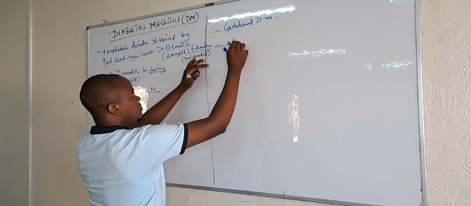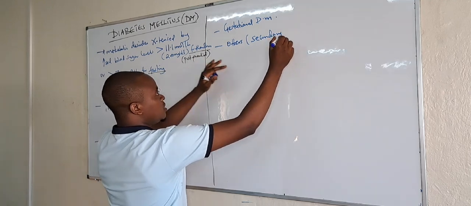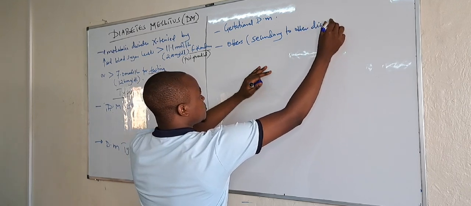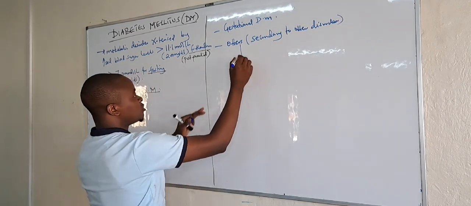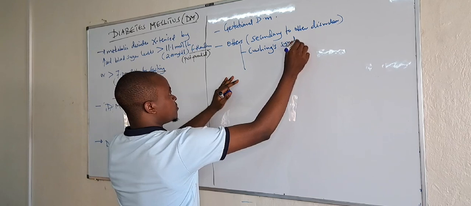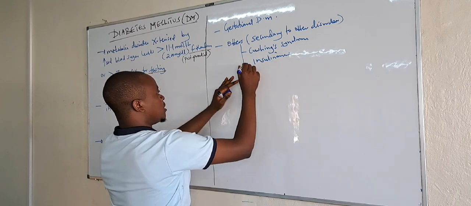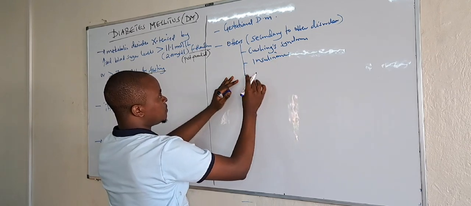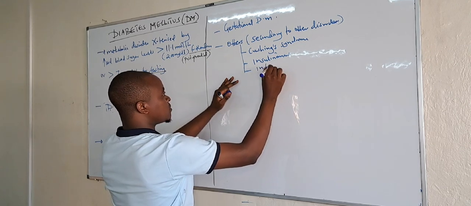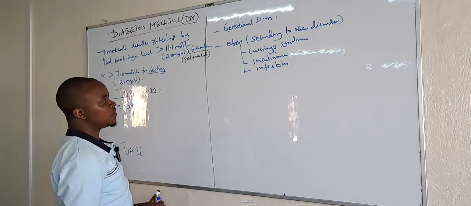The other types are secondary to infection and secondary to other disorders, whereby the diabetes can be due to Cushing's syndrome, to insulinomas, to infections which can trigger an increase in sugar levels, or even to Addison's disease.